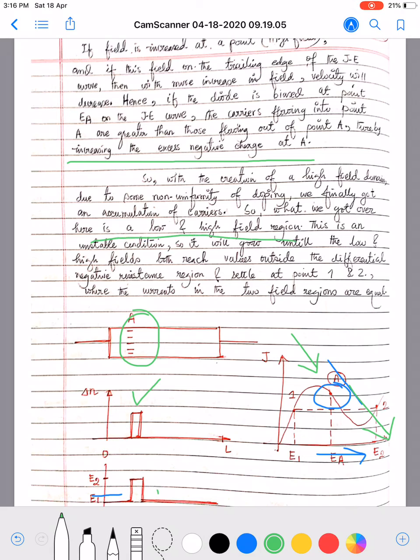This is an unstable condition, so it will grow until the low and high fields both reach values outside the negative differential resistance region. The high field will move along this direction and the low field will move along this direction, and settle at points 1 and 2, when both the velocities are equal.